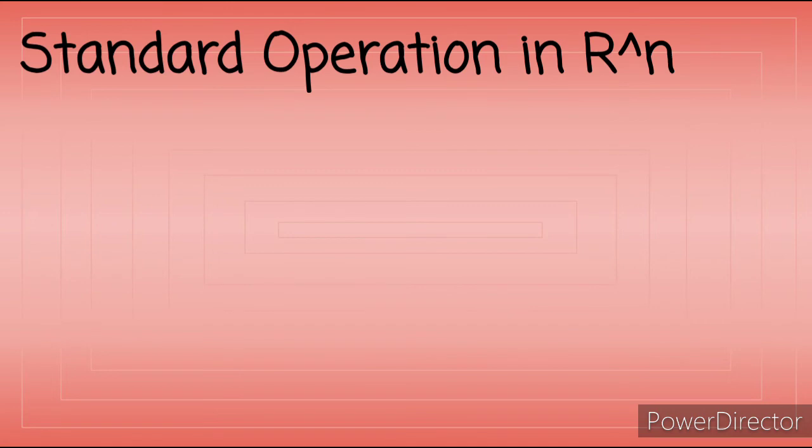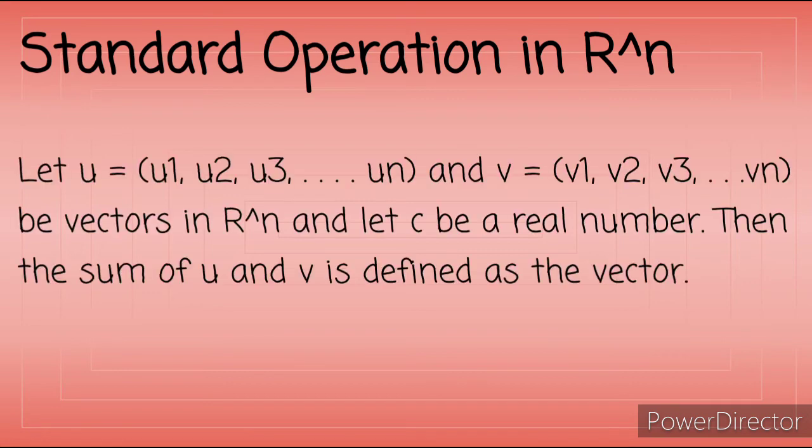The sum of two vectors in n-space and the scalar multiple of a vector in n-space are called the standard operations in n-space. So let u equal (u1, u2, u3, up to un) and v equal (v1, v2, v3, up to vn) be vectors in n-space, and let c be a real number.